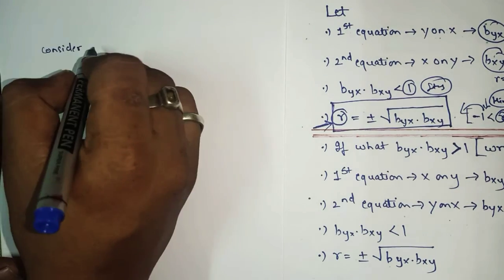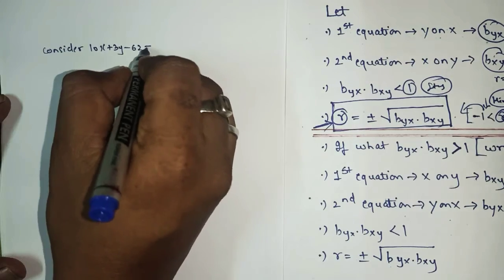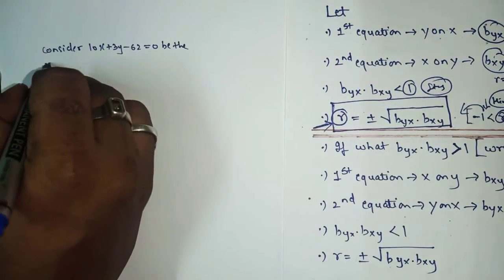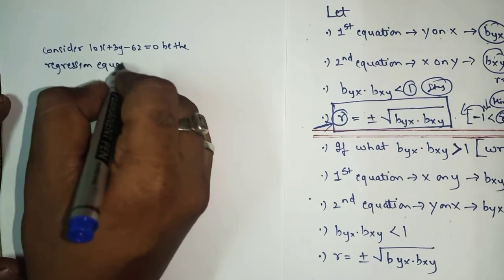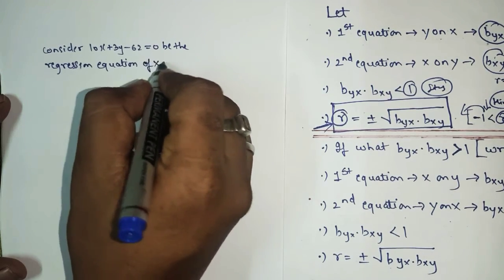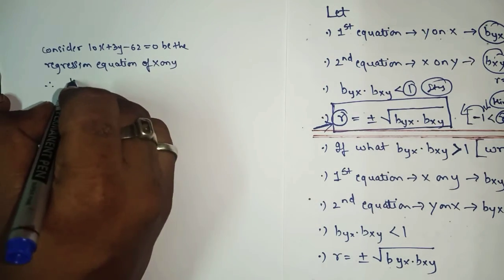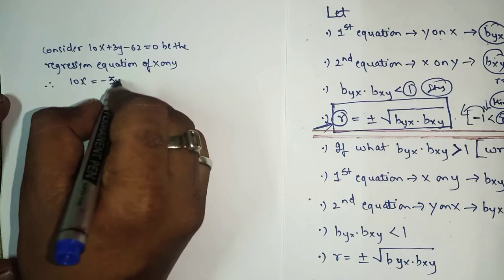Consider 10x plus 3y minus 62 equal to 0 be the regression equation of x on y. So therefore we'll keep x on the right hand side and the remaining numbers and alphabets on the left hand side.